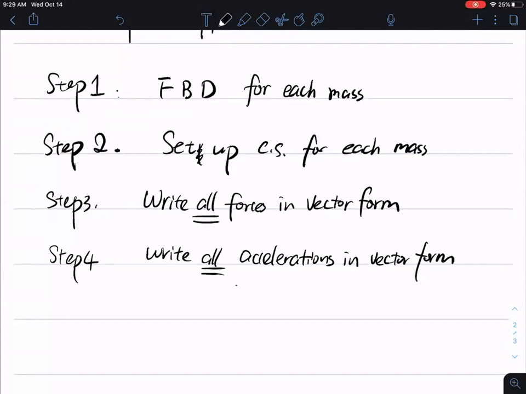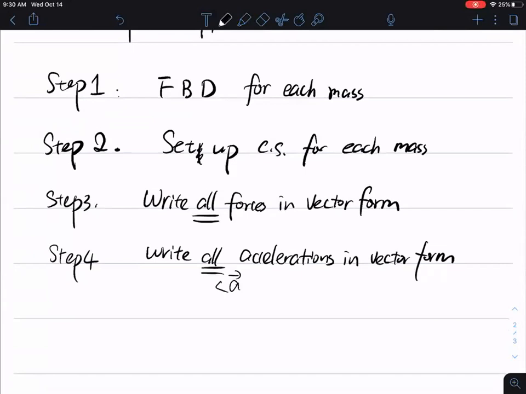Keep that in mind. Our acceleration could have different ways, right? You remember in chapter 1 we learned acceleration can be written in polar, path, or Cartesian. So make sure you familiarize yourself with different expressions for acceleration from chapter 1.